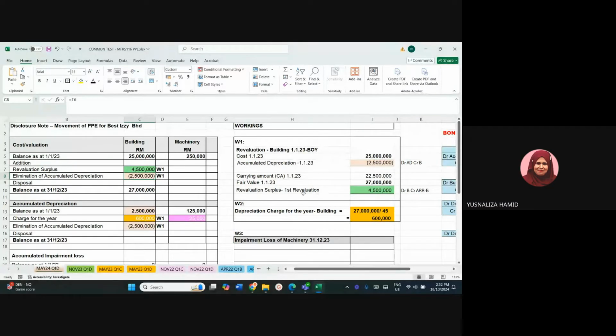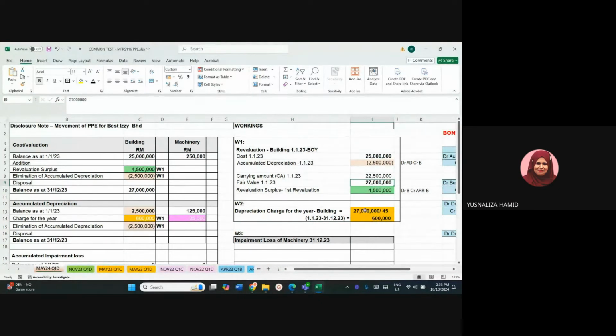The next one is that starting from 1st of January 2023, depreciation charge for the year ended 31st of December 2023, starting from 1st of January 23 up until 31st of December 23. Your depreciation will have to be recalculated because you have now revalued the amount to be 27 million.